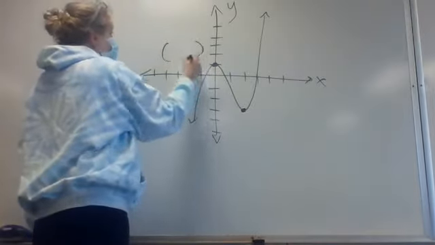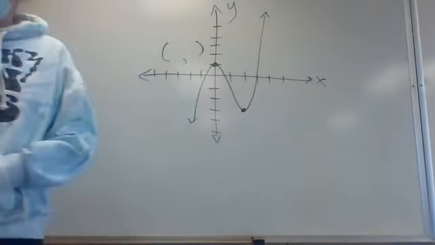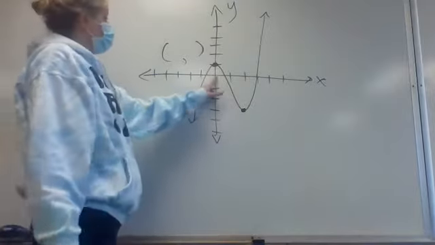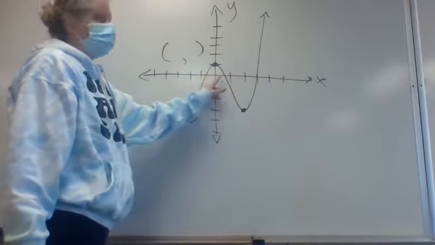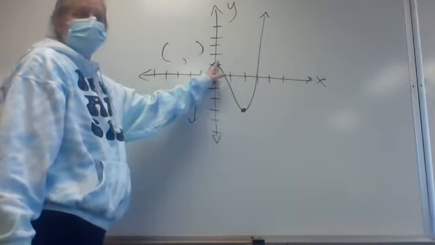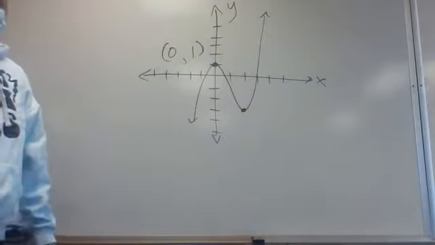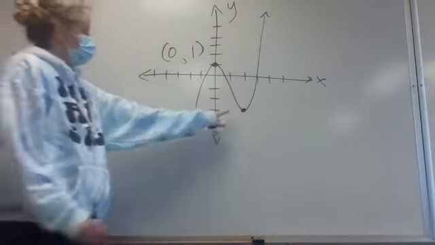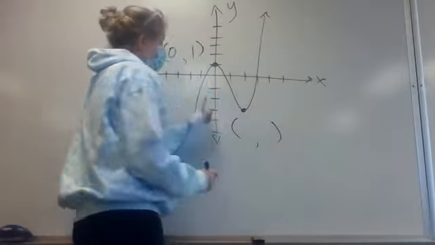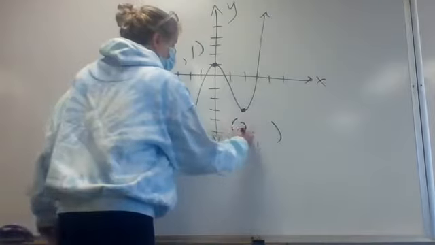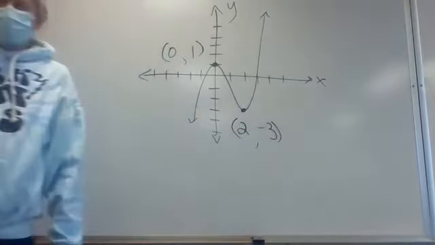Because the maximum value is going to be whatever that y coordinate is. So let's see, what's this one's x coordinate? You didn't go left or right at all, you just went up 1, so it would be at 0, 1. And what about this point? This will be your minimum. So right 2, down 3, so 2, -3.